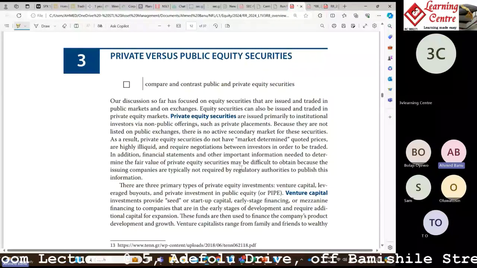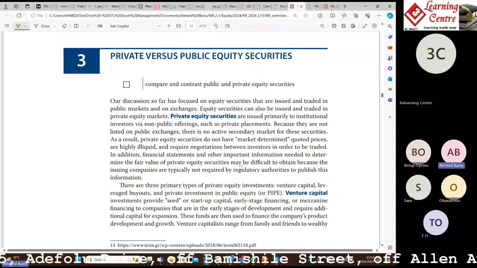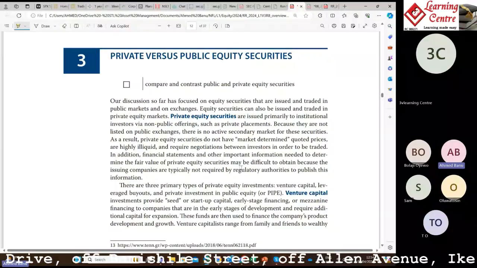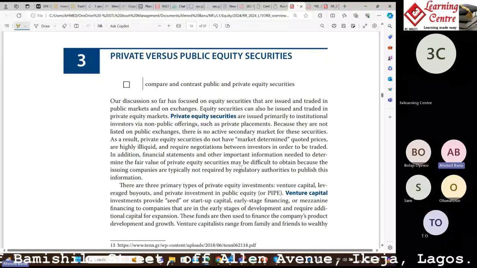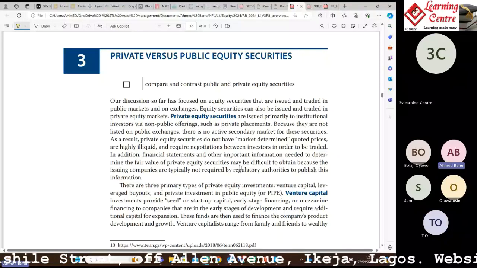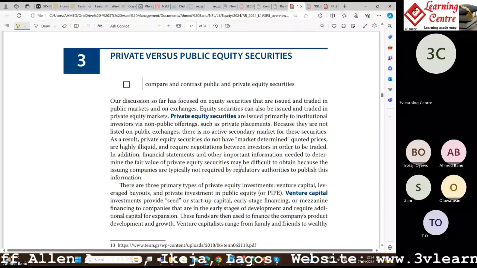The shares of that company are public equities. Now, a private limited liability company can become a public limited liability company by becoming listed and doing an initial public offer, an IPO.